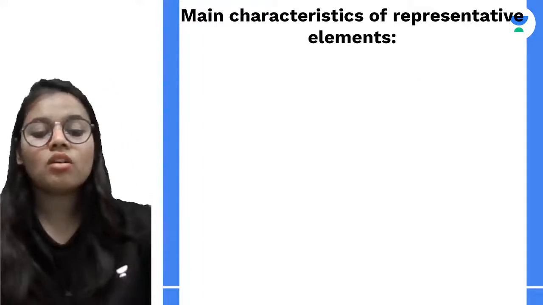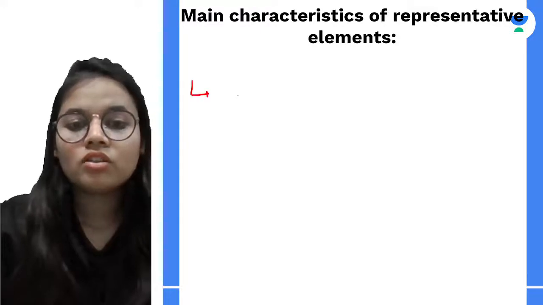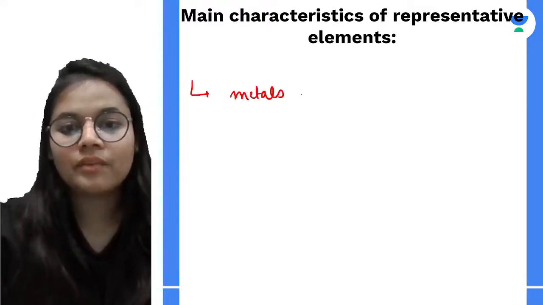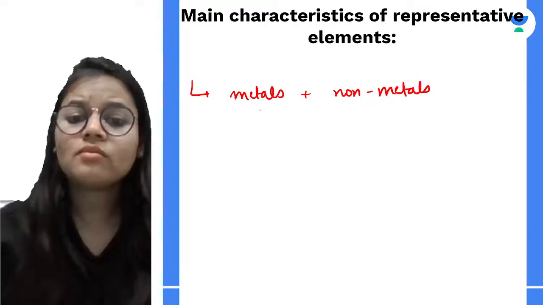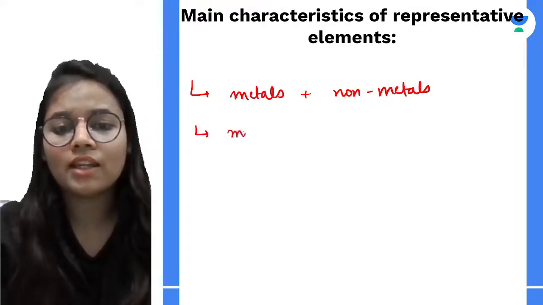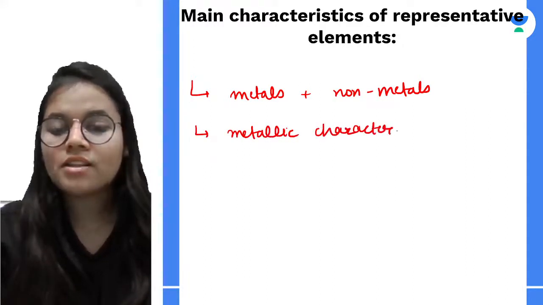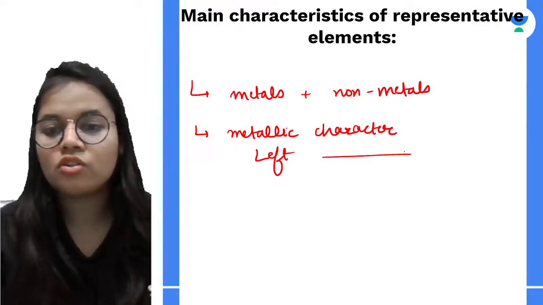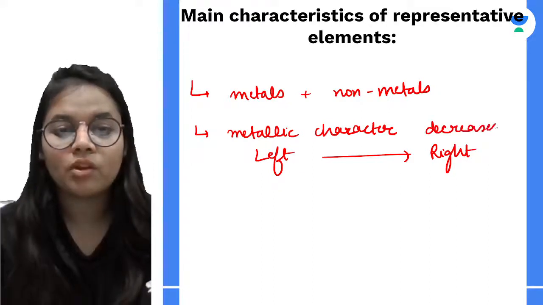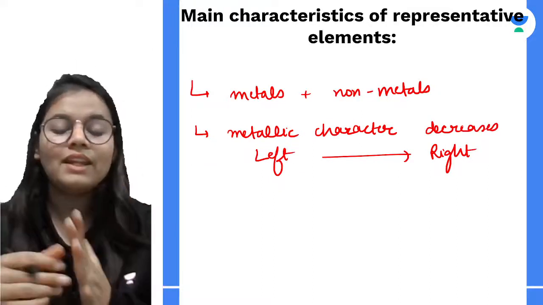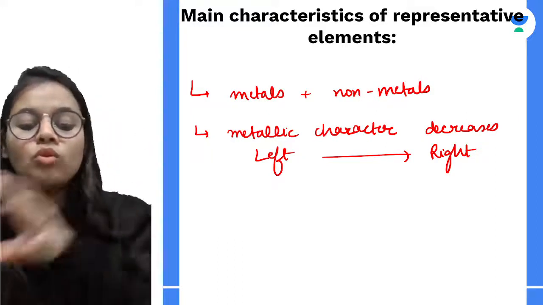Now if I talk about the main characteristics of representative elements, they include metals as well as non-metals. So both categories are present over here. And if I talk about the metallic character, as we move from left to right, the metallic character decreases. That means the elements are changing their nature from metal to non-metal.